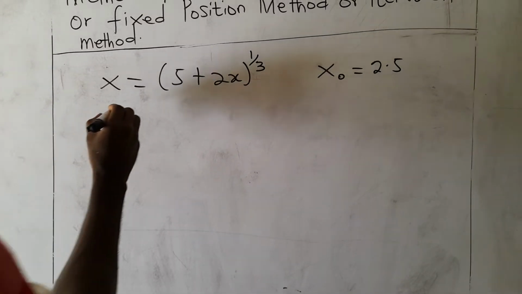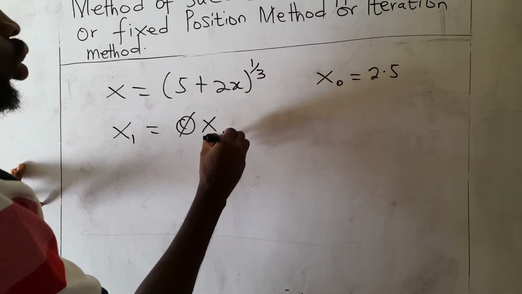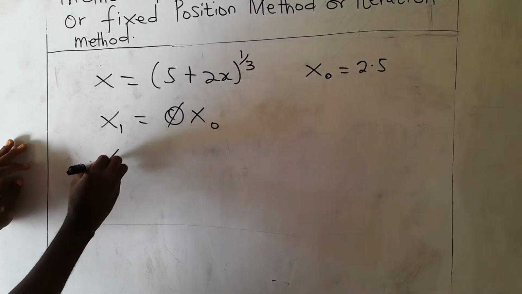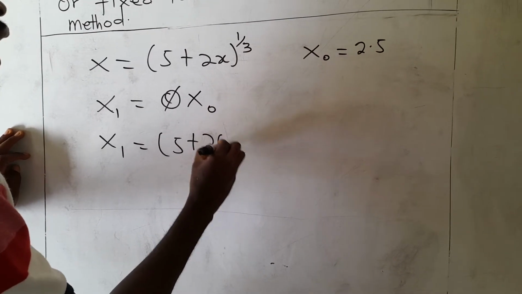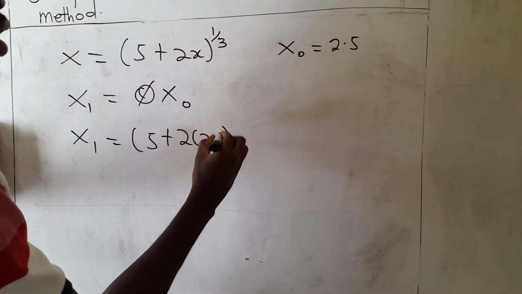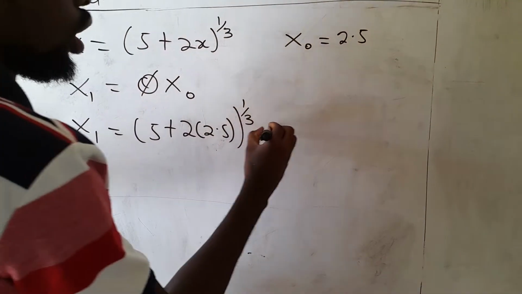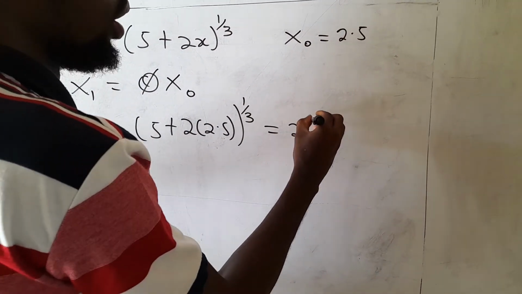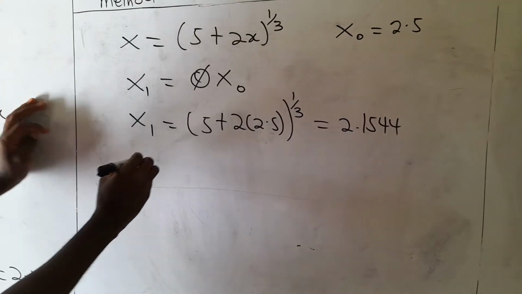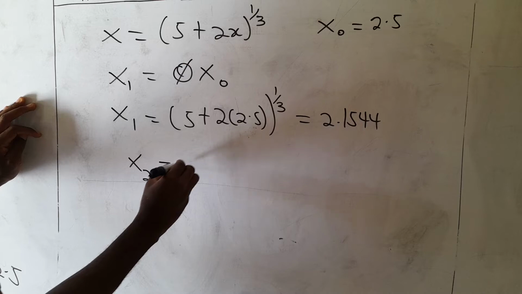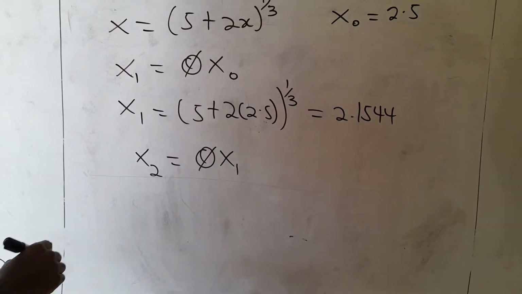So our x1 will be the substitution of x naught in place of the x. So x1 will be equal to (5 plus 2 times 2.5) exponent 1/3. When we do that very well, we'll get 2.1544. Now we find x2. x2 will be the substitution of x1 in place of x.